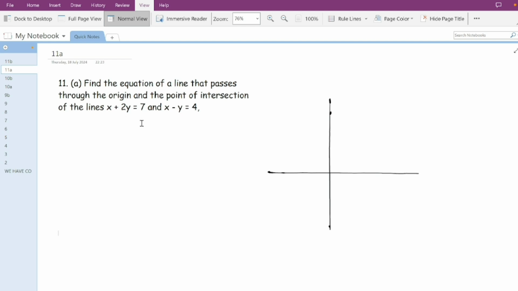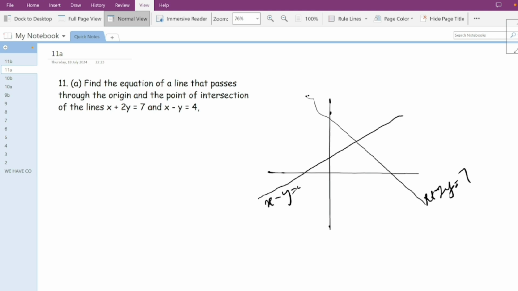No, this is not the actual line, but for illustration's sake, we're just trying to show what the question is trying to say. Don't mind that the line is not perfect. Just take this as x plus 2y equals 7. Then the second line, also not the actual line, goes like this, which is x minus y equals 4.